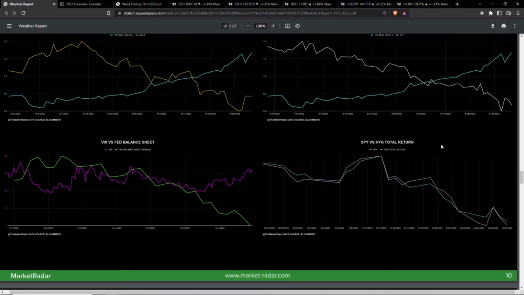HYG tends to make new total return lows prior to SPY in the last 6 to 12 months. There's been, I think, at least 3 or 4 times where HYG printed new lows and SPY still had some ways to go. So it's just more confidence that the new lows get printed, and it actually just occurred again. This actually just happened a few days ago.